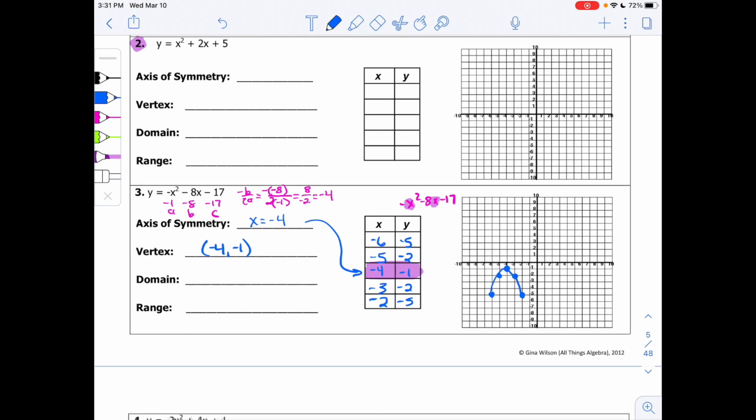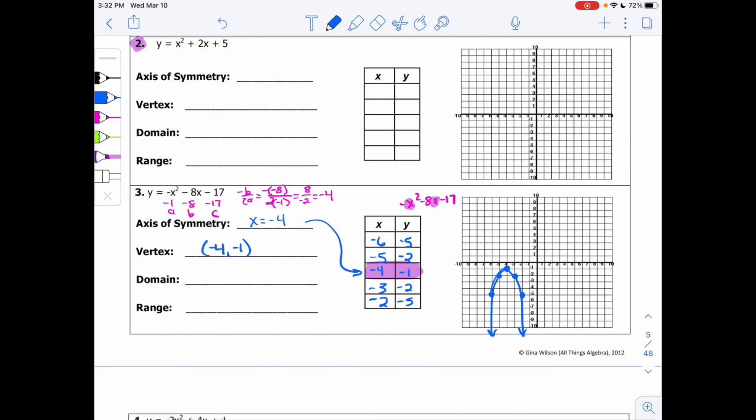And then we can connect those. We know it's making a parabola, so if I plot all of my points and I get something weird with my dots all over the place, I know I've probably done something wrong. All of your points should have that vertex with 2 on the right, 2 on the left.